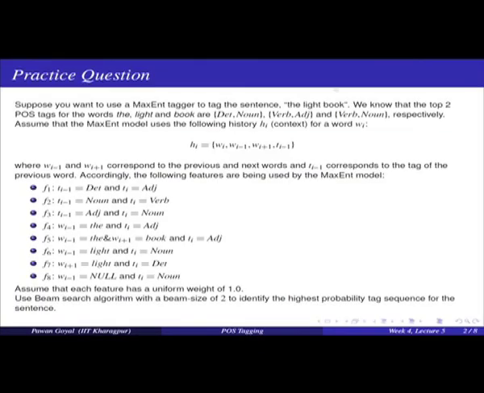Here we have the same sentence, the light book, and you are given that for all three words, the, light and book, the top two tags are determiner or noun, verb or adjective, and verb or noun. Now, you want to use your MEMM model. For a given word wi, you use a particular context.